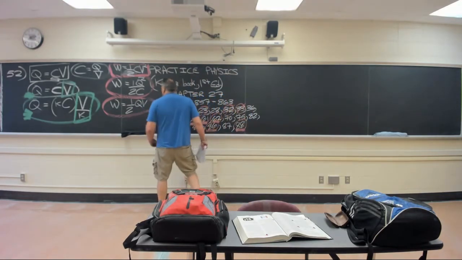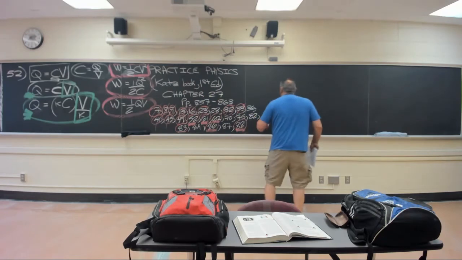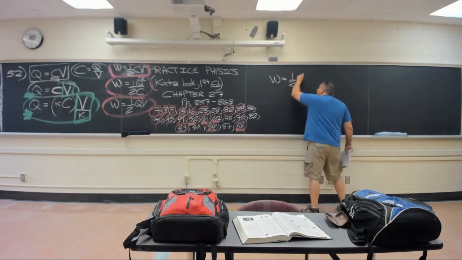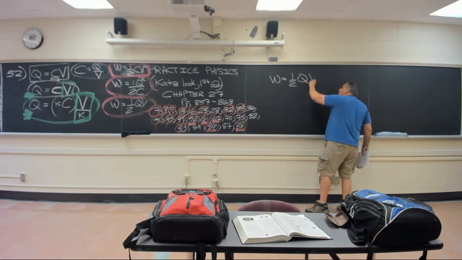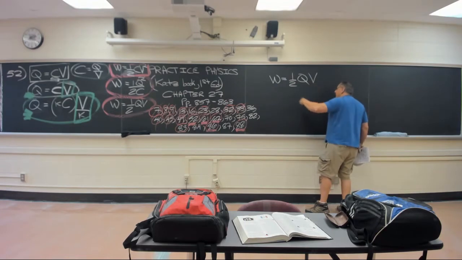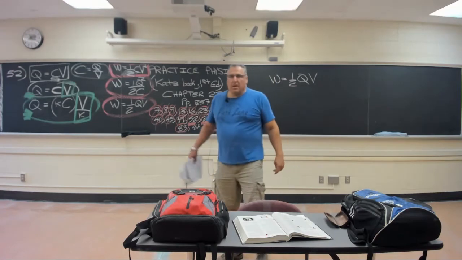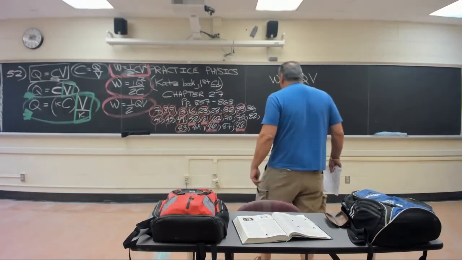So basically, if I was looking at one of them, I'm looking at W as 1/2 Q delta V or QV. That's without the dielectric. A lot of voltage I got to put, a lot of potential difference I have to overcome. The other one doesn't create that.